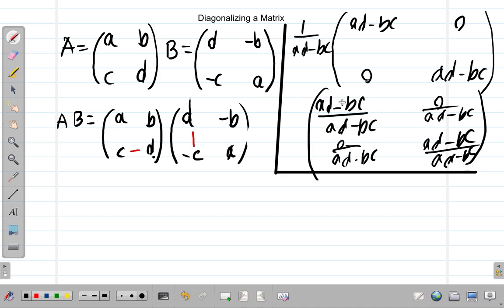When you work this out, AD minus BC divided by AD minus BC is 1. This is 0. 0 divided by a number is 0. Remember, a number divided by 0 is undefined. You can't work it out, but if it is 0 over the number, then it's 0. AD minus BC divided by AD minus BC is 1. So what you get now is the unit matrix.